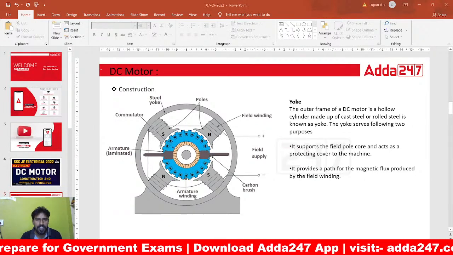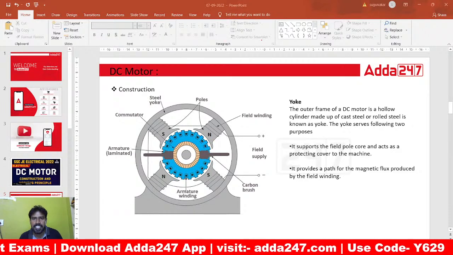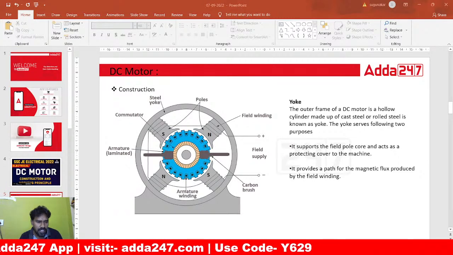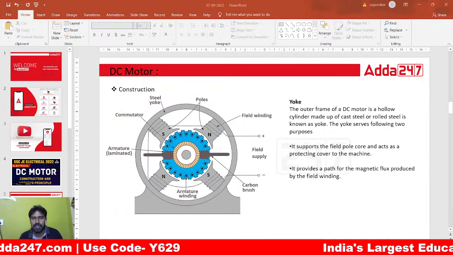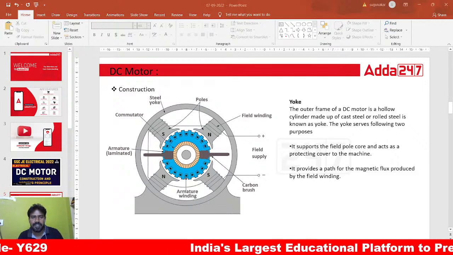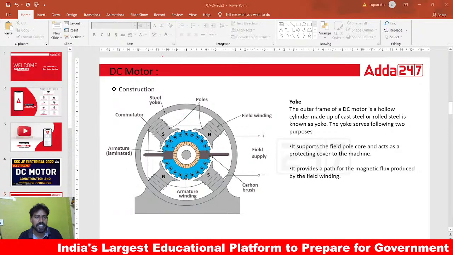Now you can see another one is the magnetic field system. We are treating this as a main part. This is the field, the magnetic field.